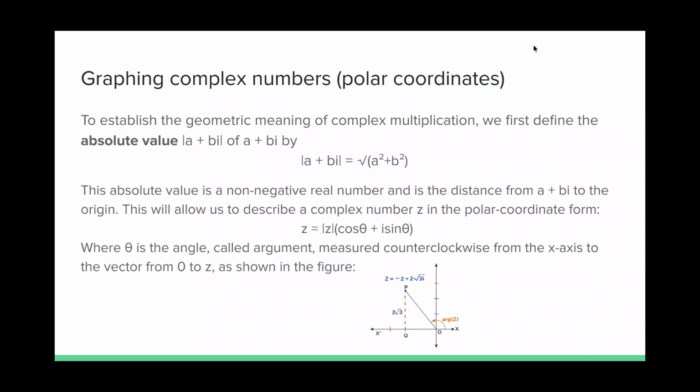As you can see in the diagram below, we have this point P, and we have our argument measured from the x-axis, and our z point is minus 2 plus 2 root 3 i. If we square both sides and add them, then take the square root, we get the distance, and we can also get the angle, which is the argument.